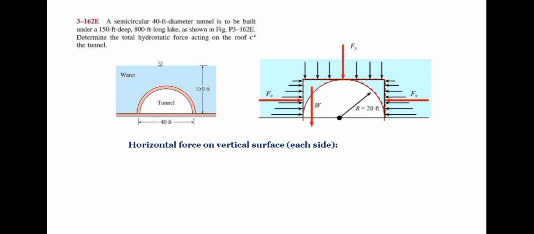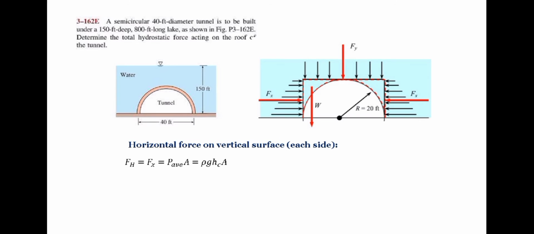So starting with the horizontal force, which is the force acting along x. We all know that force is equal to the average pressure times the projected area of the system. Pressure in water, or gauge pressure, is equal to the density times the gravitational acceleration times the distance to the force's point of application, which is the centroid.